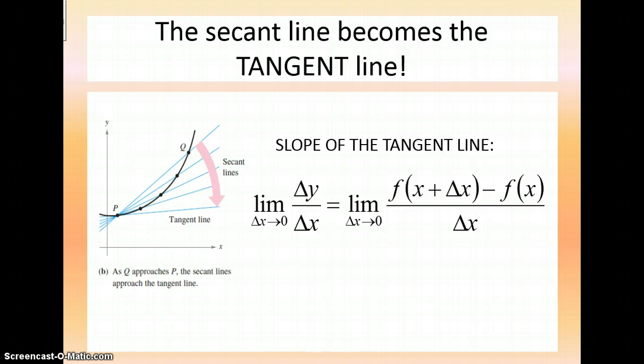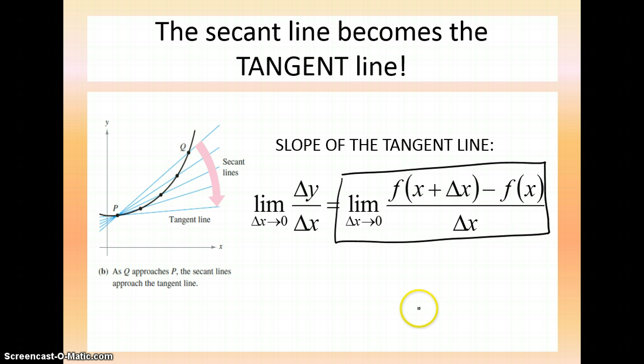Okay, so the slope of the tangent line, and you guys wrote this down for me on day 1, but here we have secant line PQ. As point Q gets closer and closer to point P, the secant lines become the tangent line. So the slope of the tangent line is this relationship.